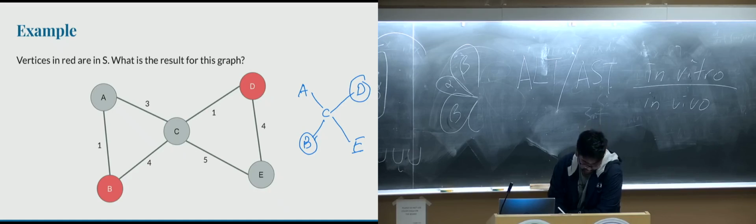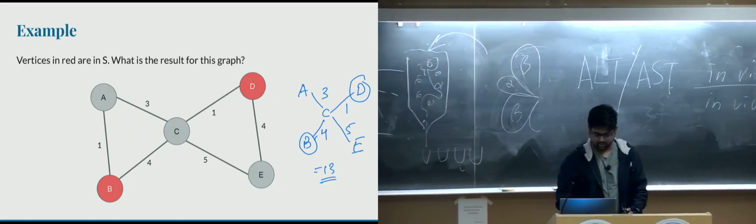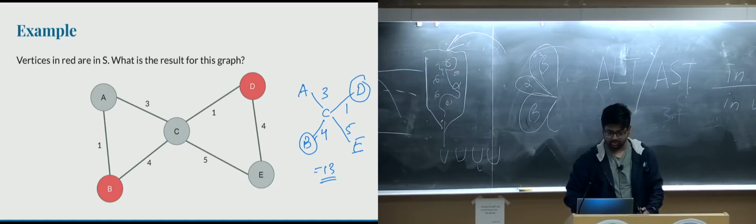What is the sum of this spanning tree? It will be the addition of these edges. It is 13. Do you think it is the minimum spanning tree possible? It satisfies all these properties.